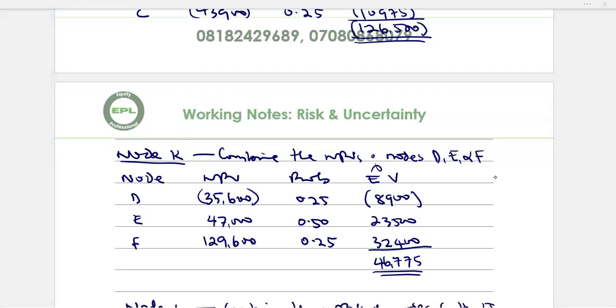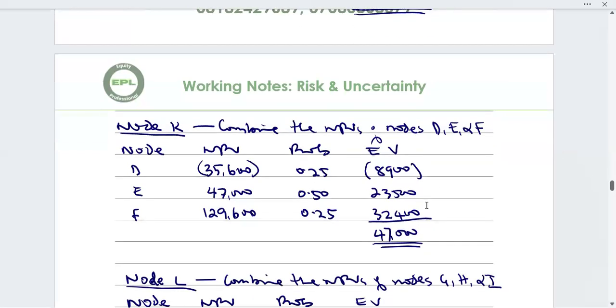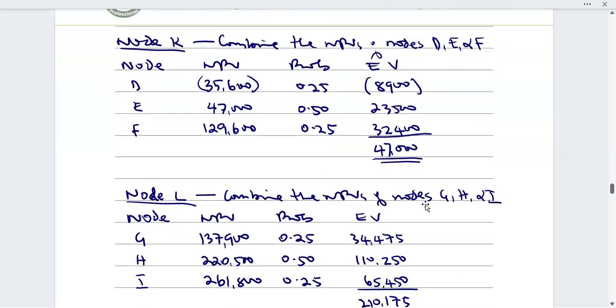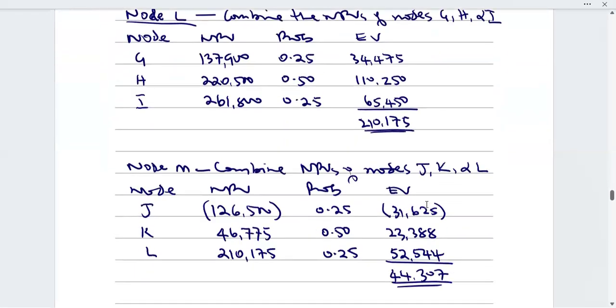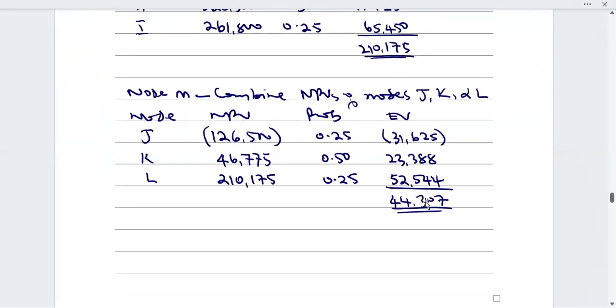This should have been 47,000, so I need to update 47,000 for node K. Multiply by 0.5, 23,500.